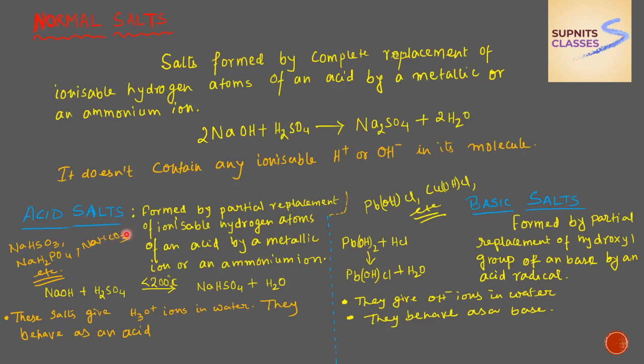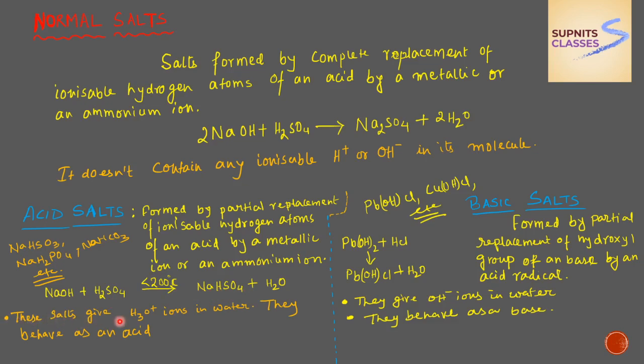Whereas an acid salt is formed by partial replacement of the ionizable hydrogen atoms of an acid by a metallic ion or an ammonium ion. In this case, I have taken the same reaction. If instead of both hydrogen atoms, only one hydrogen atom is replaced and another hydrogen atom is still there as an ionizable hydrogen atom, then definitely the salt formed is an acid salt.